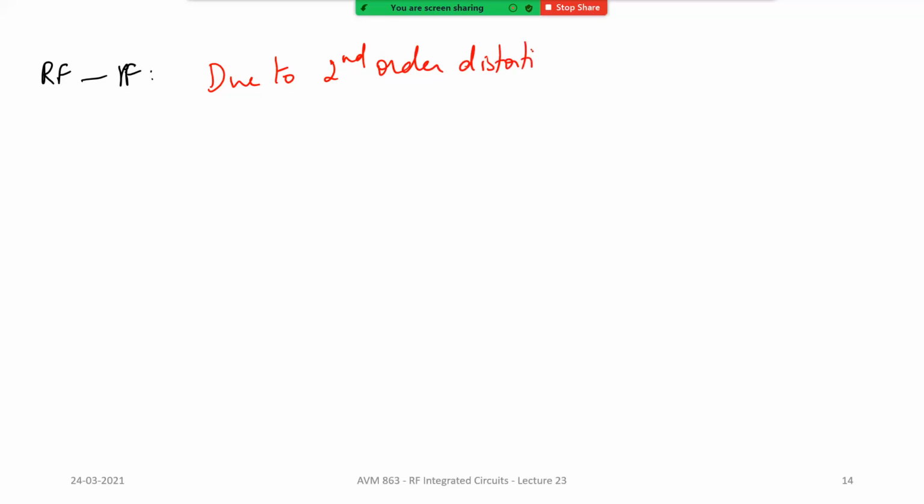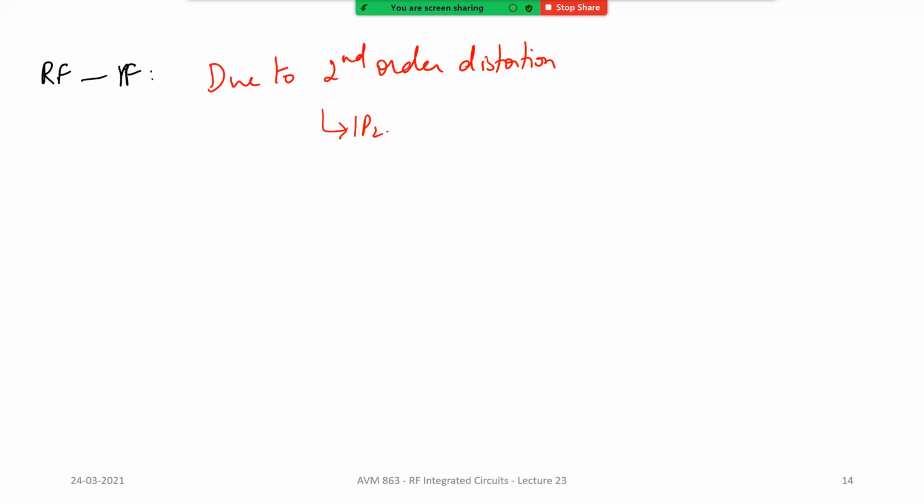Due to second order distortion, the RF and this one can form a beat component, and basically you will have IP2, where the RF and IF will interfere, mix together, and you'll have those kinds of issues.